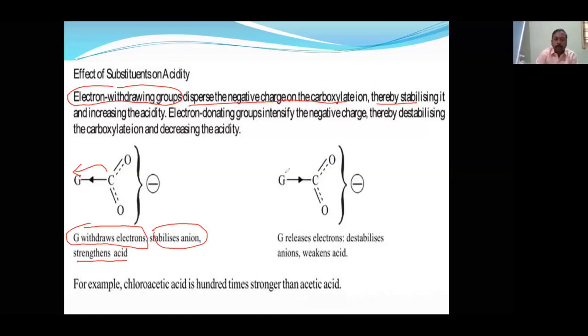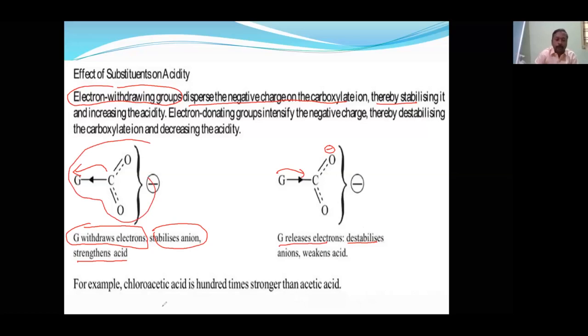If the group gives electron, then electron is already there and it is also giving electron, so G releases electron, then it destabilizes. When more electrons are there, it is unstable, and less electrons are also unstable. So perfect balancing is done when electron withdrawing group is there.